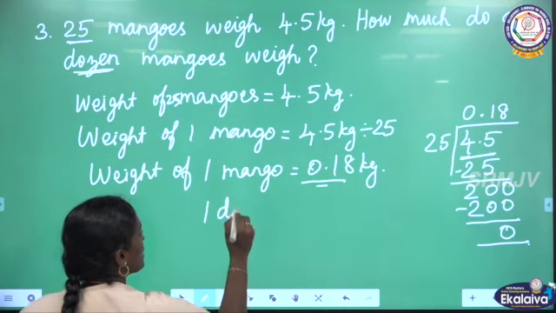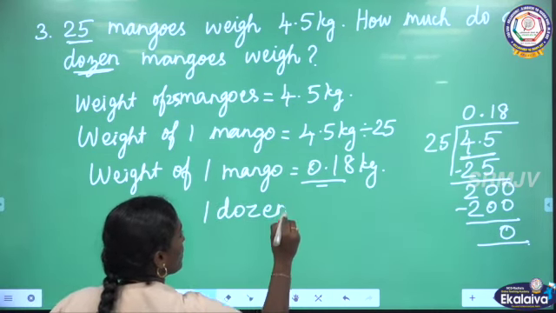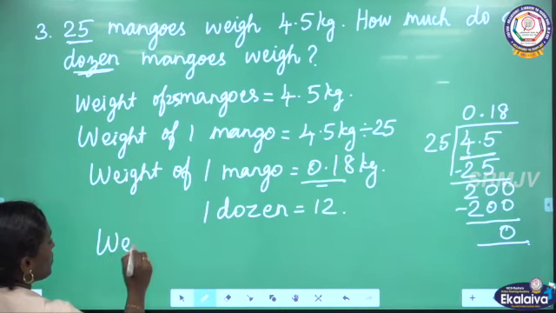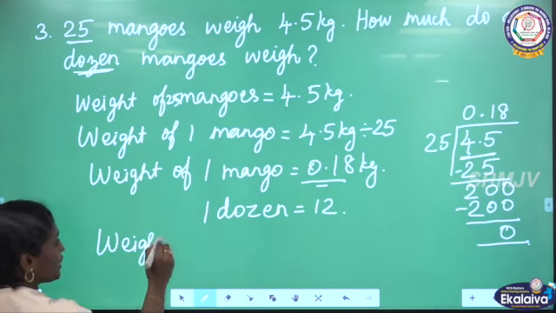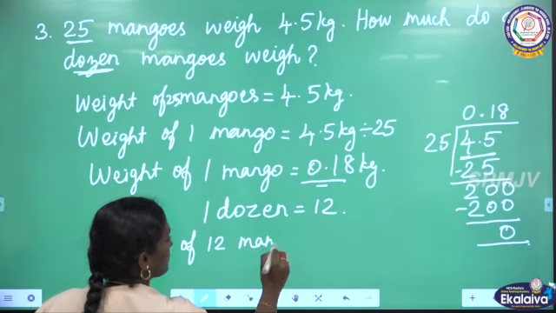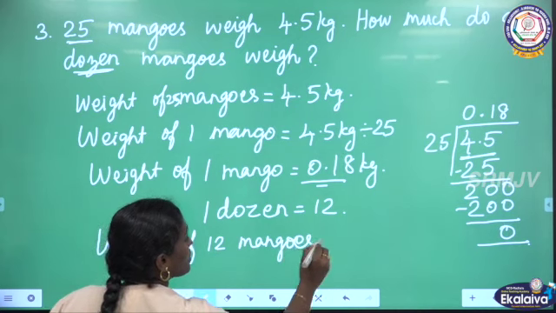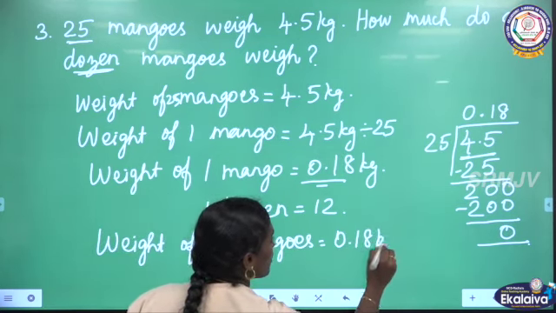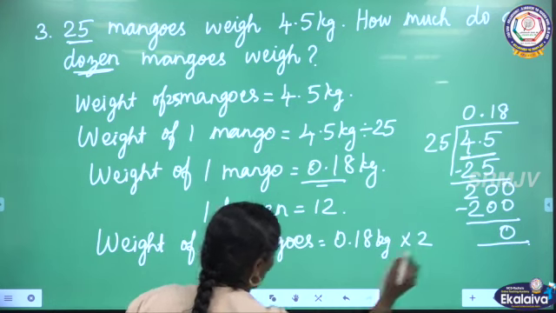That is, 1 dozen is equal to 12. So we are going to find out the weight of 12 mangoes by using multiplication. It is equal to weight of one mango, that is 0.18 kilogram into 12.